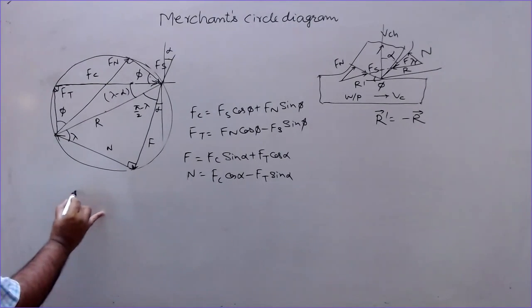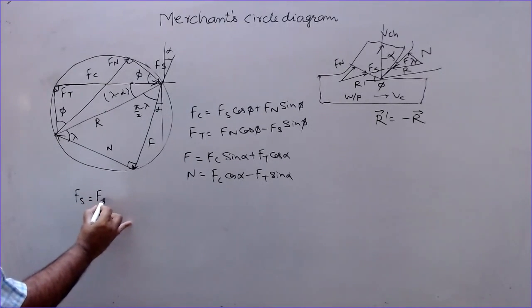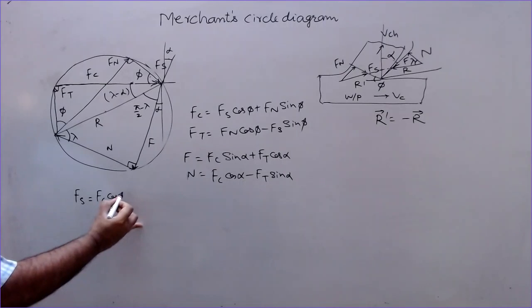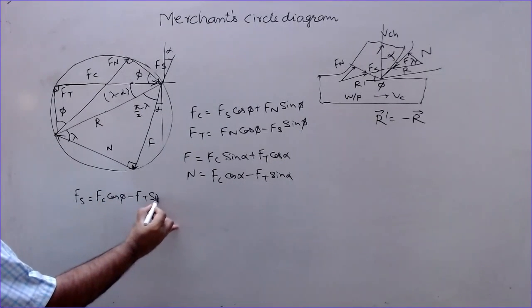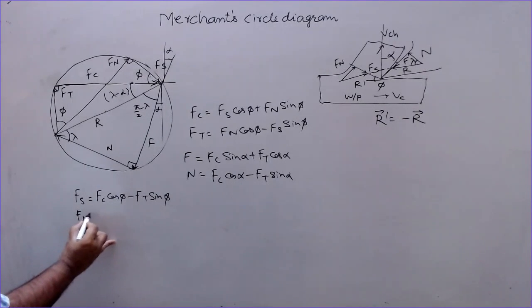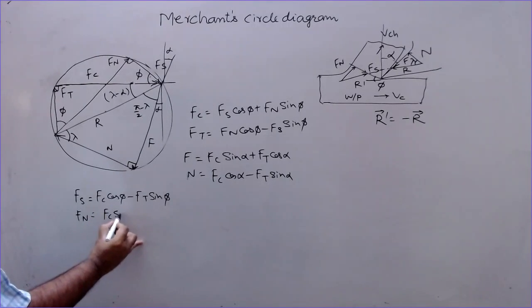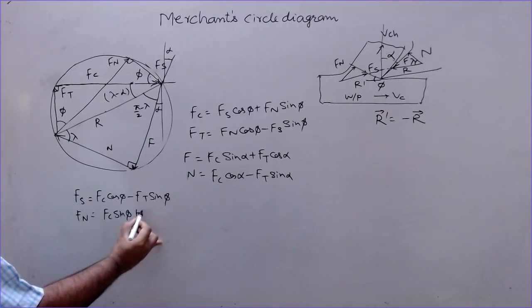And we have Fs is equal to Fc cos phi minus Ft sin phi, and Fn is equal to Fc sin phi plus Ft cos phi.